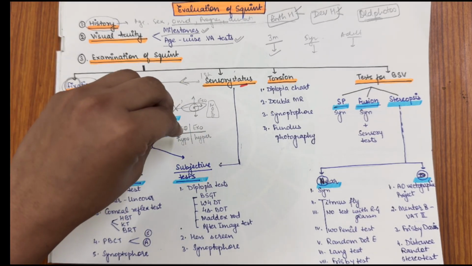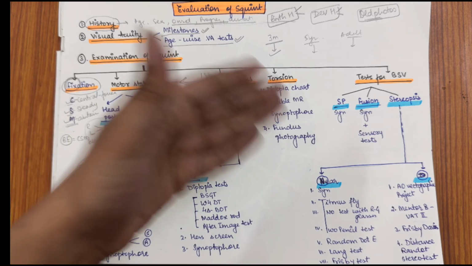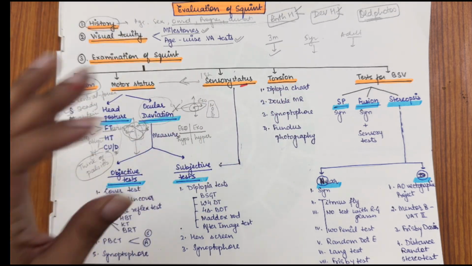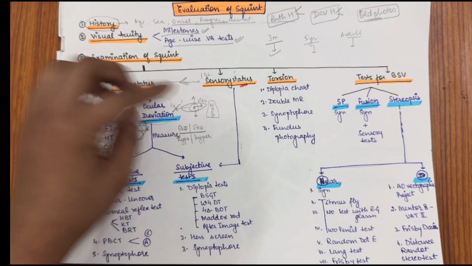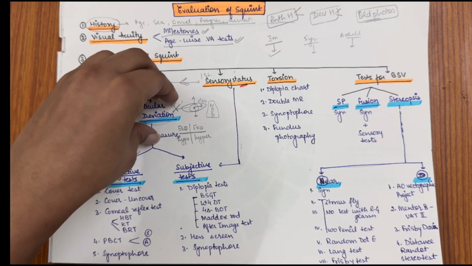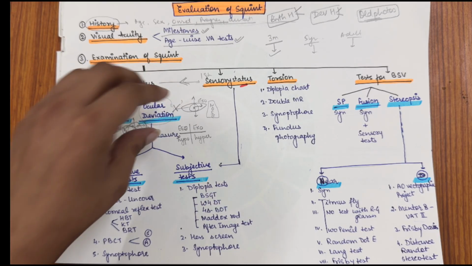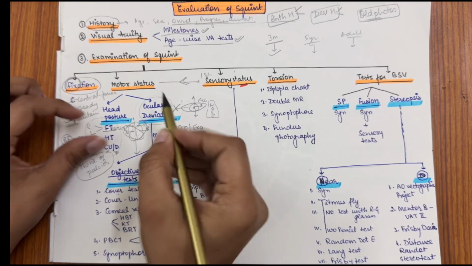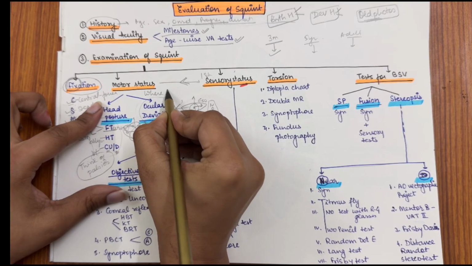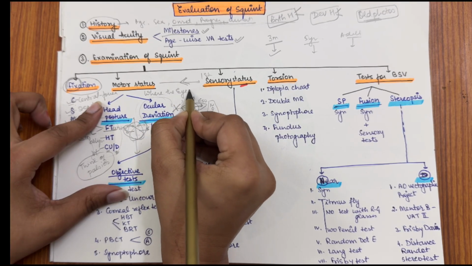There is torsion deviation also, which we will discuss in the next part. So remember simple horizontal and vertical squints. Under motor status you will check for head posture and look for ocular deviation. Ocular deviation, or motor status, will tell you where the eye is.